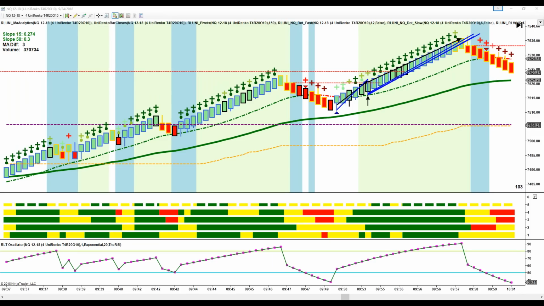Okay. Now the only other quick thing is it only works on NinjaTrader, NinjaTrader 7 or 8, but if you're on another platform, let's say you're on Thinkorswim, Thinkorswim will power the platform, and you can take your trades in Thinkorswim off the signals from Ninja. E-Trade will power it.